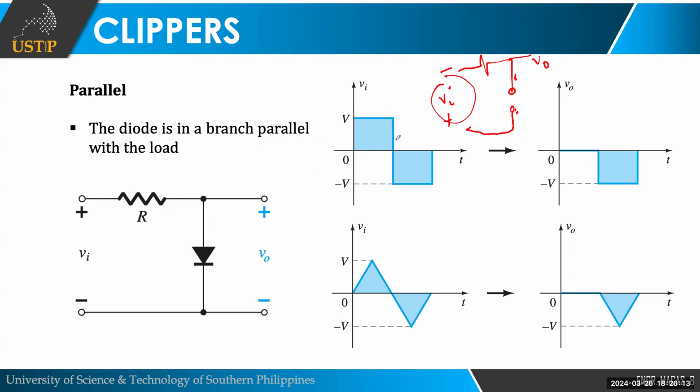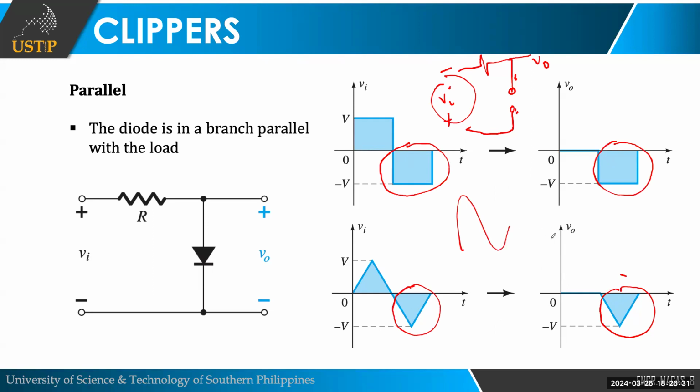So, pasabot, ang output nimo is just the replication of your input. So, negative cycle man na. So, kung unsa itsura sa imong negative, sunod ra na sa imong output. Same is true with this. No? Gisunod na gyapon na. So, whatever, kung sinusoidal, ang imong output will be clipped sa positive, sunod sa negative.